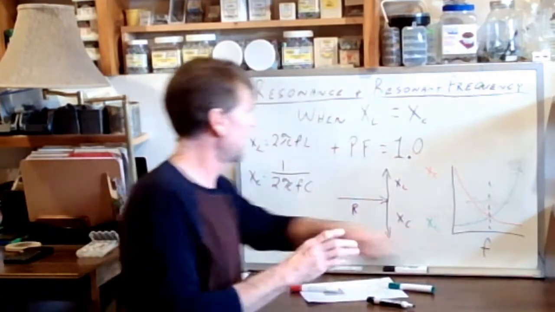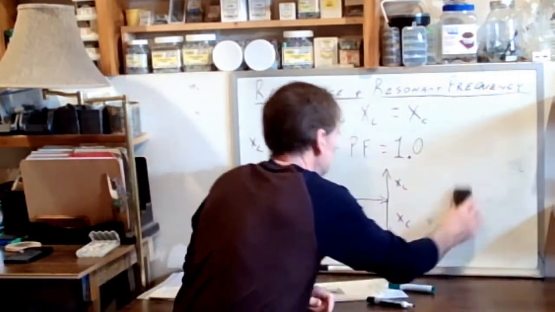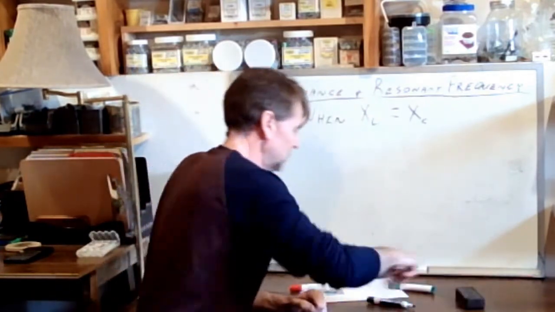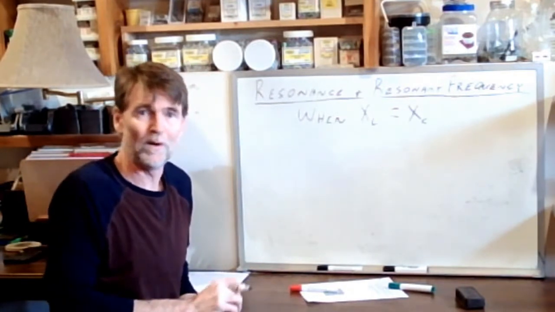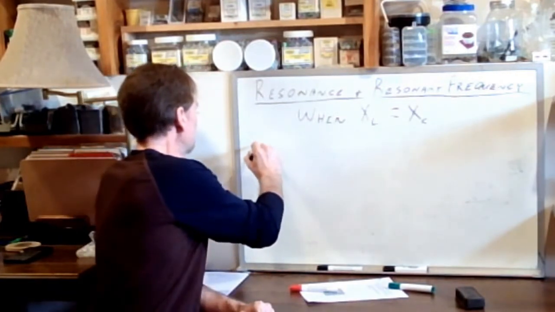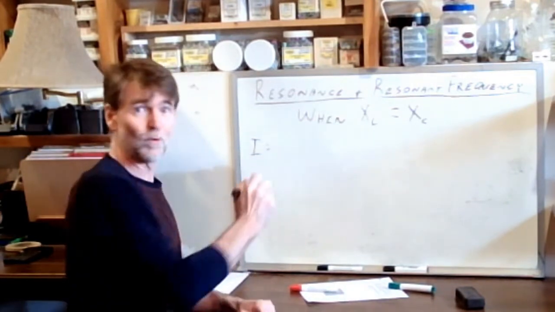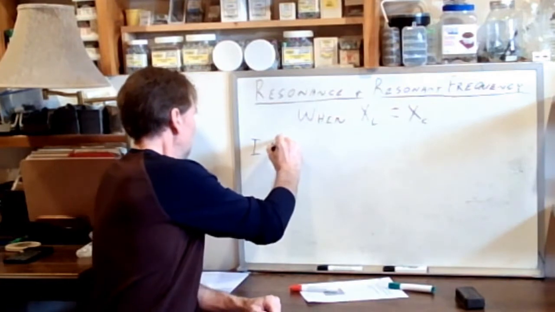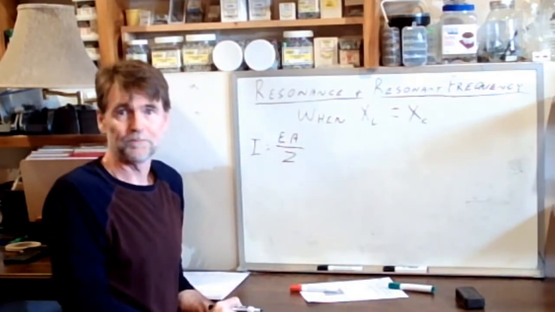Now, I said that we don't really want that to happen. Why not? The issue is about the amount of current that's going to flow in the circuit. So what does current equal? This is Ohm's law, going way back for a second: the applied voltage divided by the impedance in the circuit.